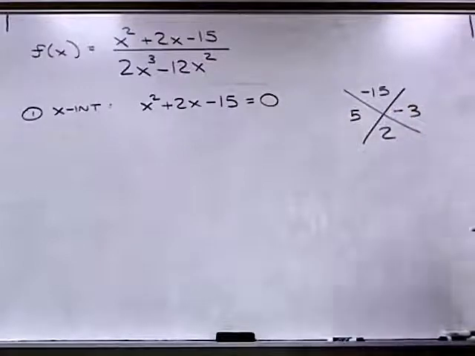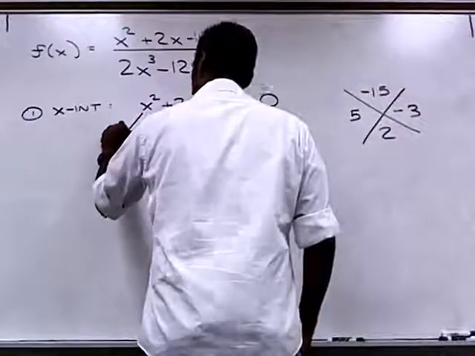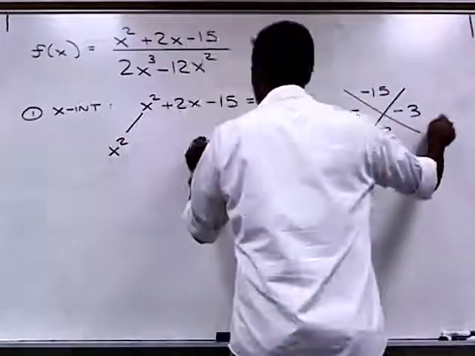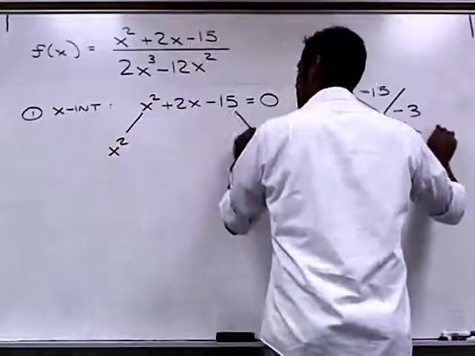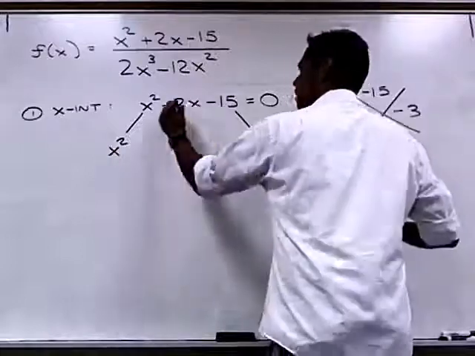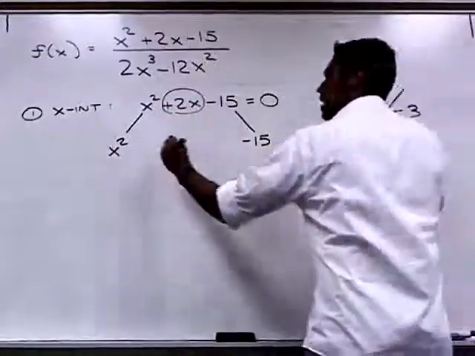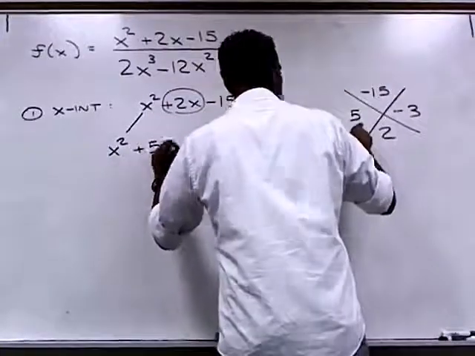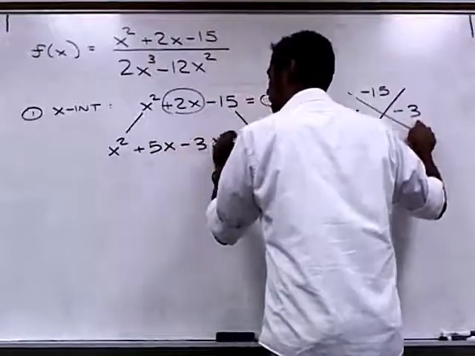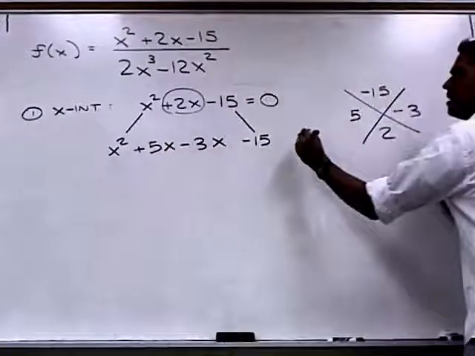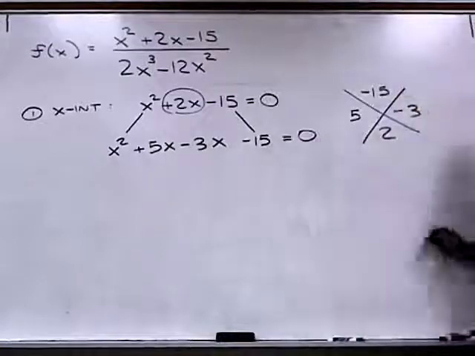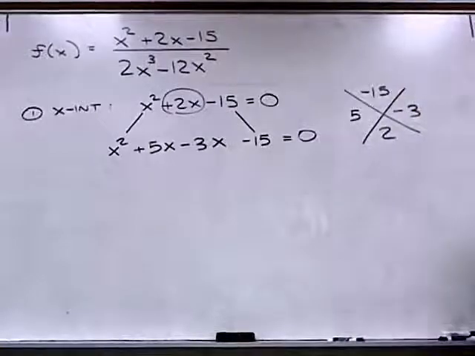And then if you follow what I did before, I said bring the ends down. Bring down the negative 15. In the middle, we rewrite the positive 2x as 5x using this 5, and then minus 3x using that negative 3. And then I'm going to say still equals 0. And then we have 4 terms now.